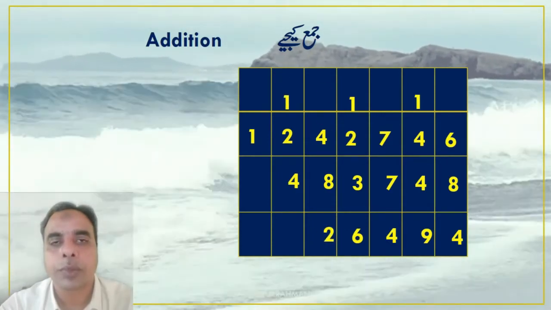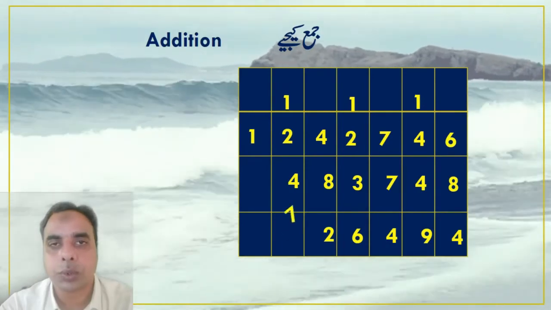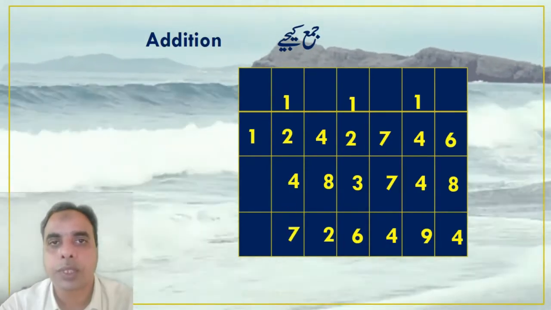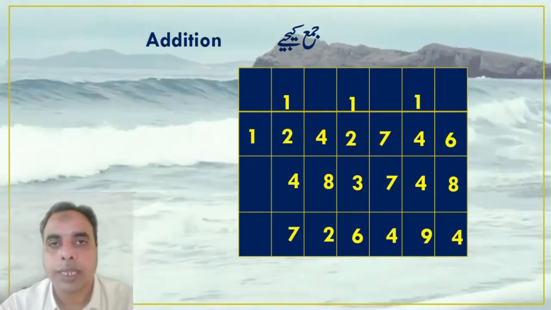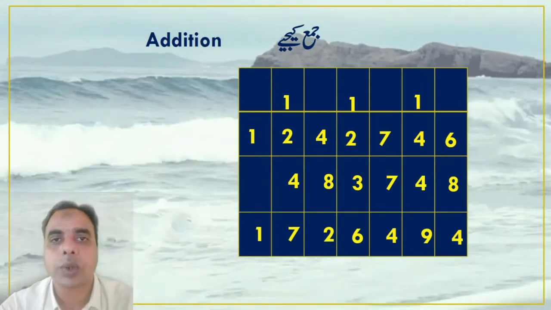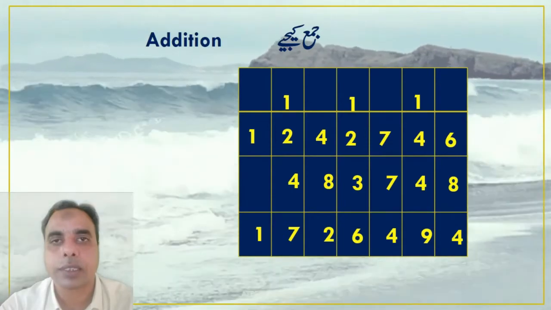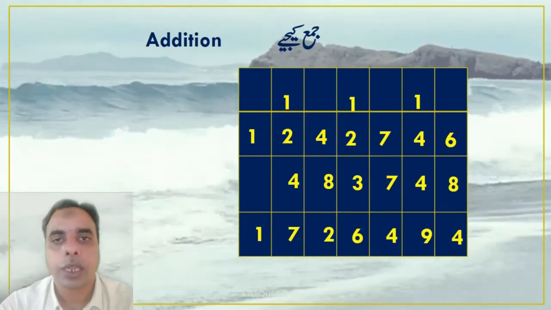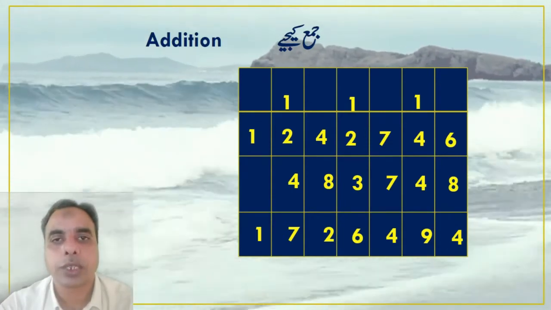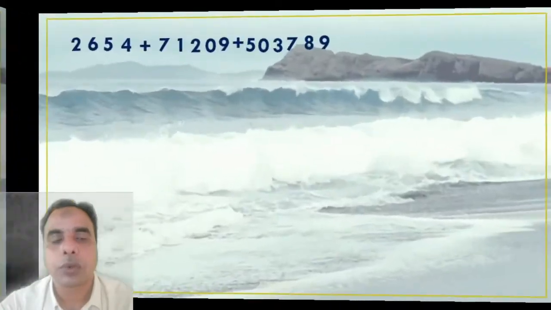Thereafter 7 plus 7 is 14, 1 will be carry over. So 1 plus 2 is 3, 3 plus 3 is 6. Thereafter 4 plus 8 is 12. So 2 will be here and 1 will be carry over. So 1 plus 2 is 3, 3 plus 4 is 7. 1 will be as it is. So 17,26,494 will be the answer for this third question.